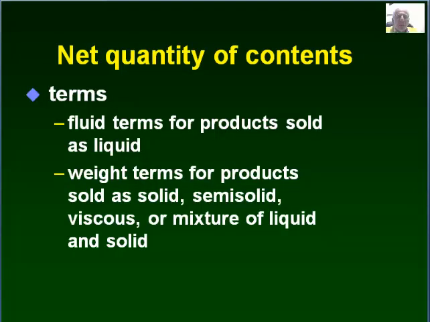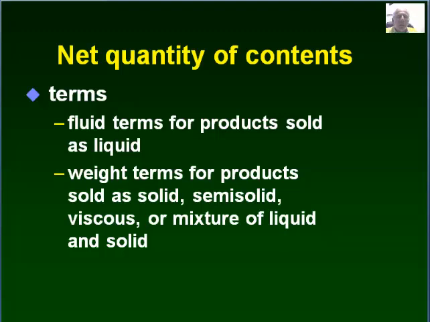The terms that are used in the net quantity of contents, if that particular food product happens to be a liquid, and it's going to be sold as a liquid, the net quantity is going to be in fluid terms. Could be ounces, could be milliliters. There's a couple examples. Could be liters.